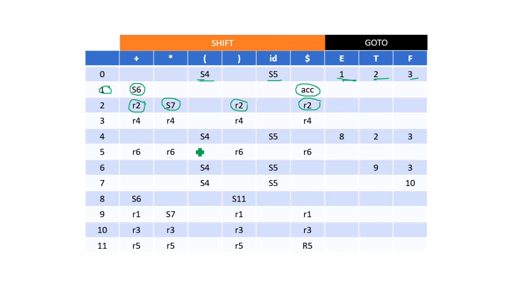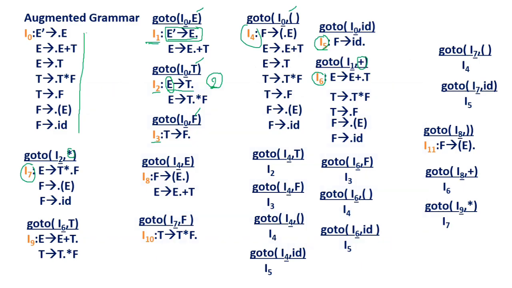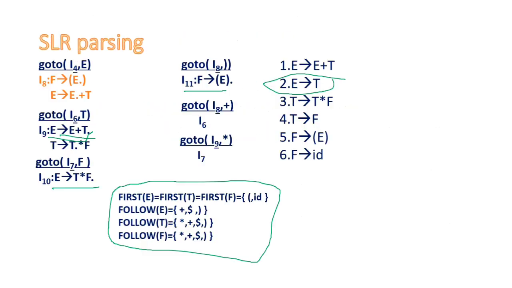And in item set 3, we check whether there are any go-tos for item set 3. In item set 3, we don't have any go-tos for terminal or non-terminal. But in item set 3, we have a production where the dot is at the end: T tends to F dot. So we have to find the follow for T. And T tends to F dot is production number 4.